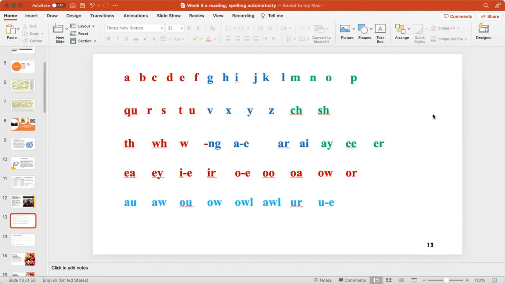This would be for a student that I've taught the single vowels, single consonants, consonant digraphs, vowel plus R, like A-R, I-R, E-R, U-R, O-R, vowel plus E, and also some other digraphs, okay? This is a very sophisticated, upper level rapid automatic naming test that I'm giving to you, okay?